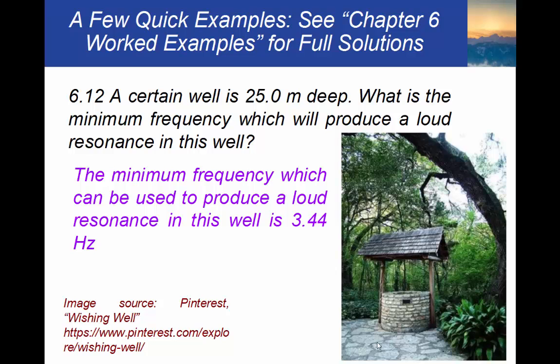Now, with that said, the threshold of human hearing is often around 10 to 20 hertz. So this is what will produce a loud resonance in the well. But if you want to actually be able to hear that loud resonance, you may have to go to higher frequency than this. That's all the examples that I have for this chapter.